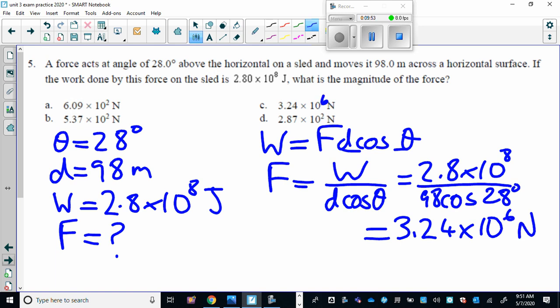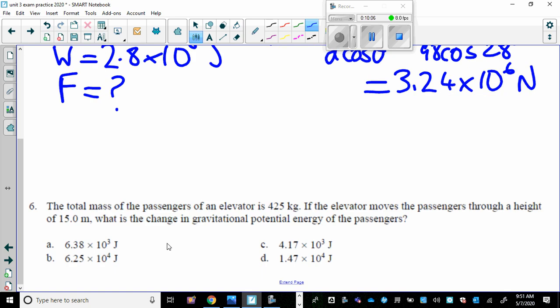So this actually should be a 6. So the answer is really C. I think all these exponents should be 6. Anyway, hopefully you figured that out, or hopefully you didn't spend way too much time trying to figure that out and got frustrated.